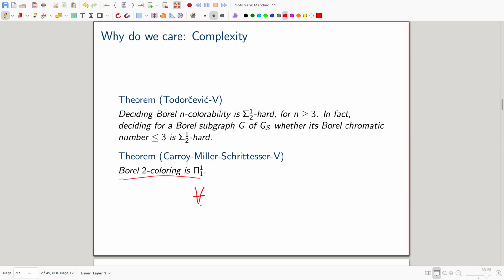There are a bunch of examples in Kechris's book. Very often if you write down a set which doesn't have a simple characterization, then you can prove that it's sigma 1, 2 hard if it's sigma 1, 2 itself. I don't know if I'm aware of many more natural examples, but there are things like this.